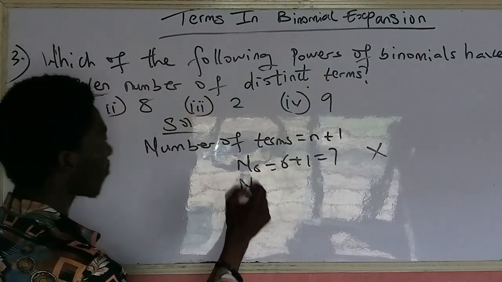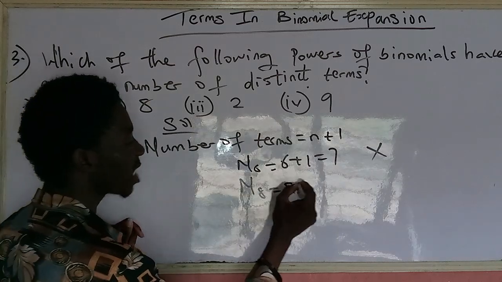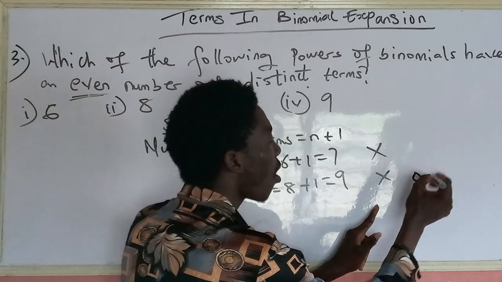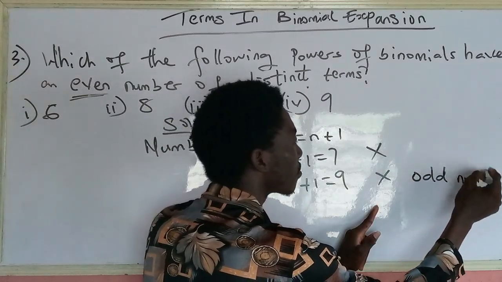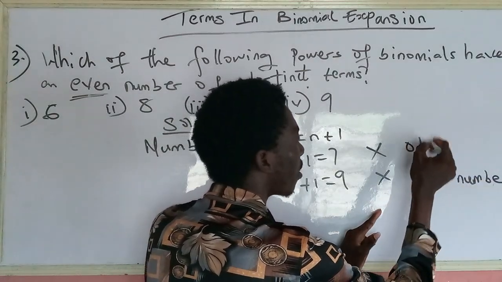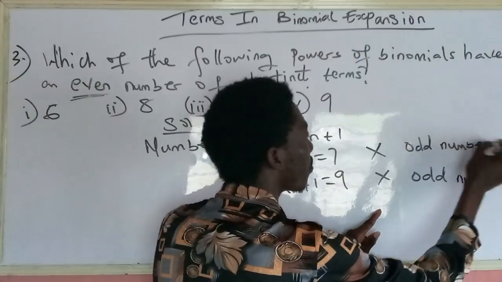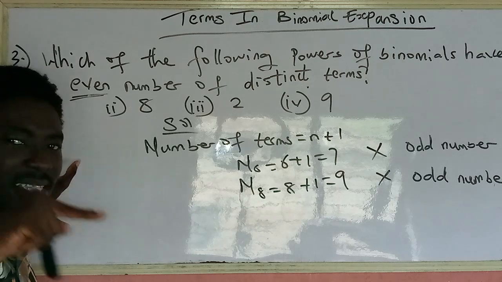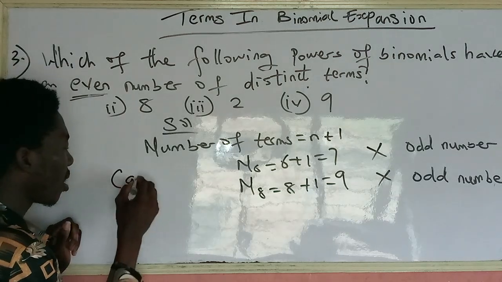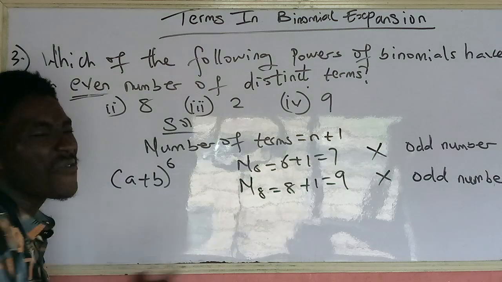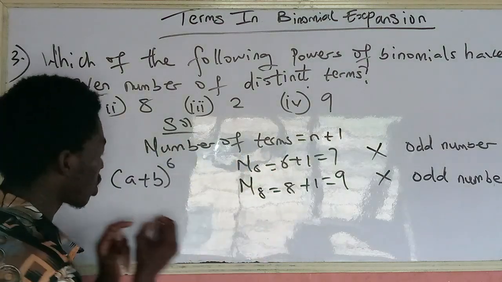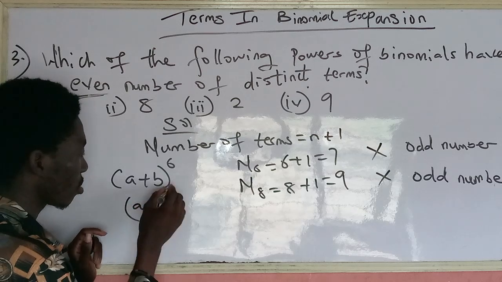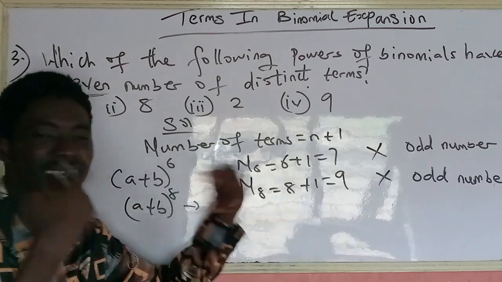Next one, let's check for 8. That will be 8 plus 1, that is 9. Out. It's an odd number. Can you see that? Whenever you have an expansion raised to power 6, let's say (a plus b) raised to power 6, it will give 7 terms. (a plus b) raised to power 8 will give 9 terms.